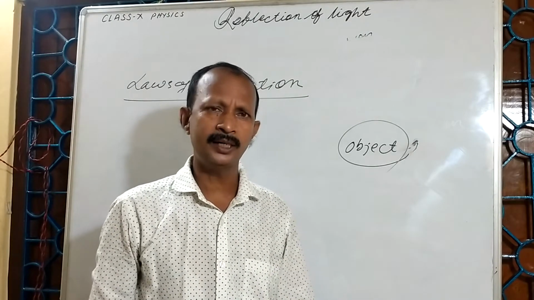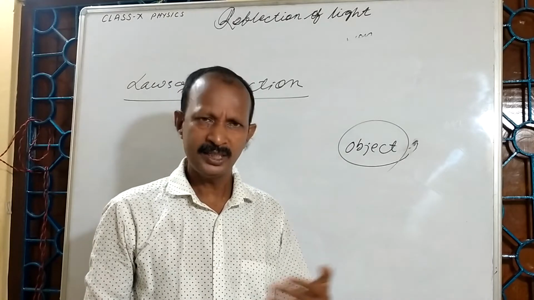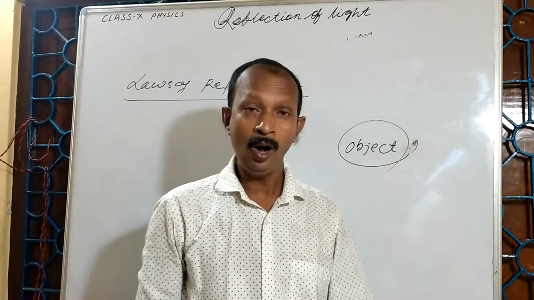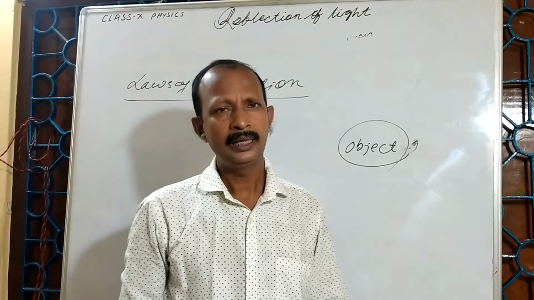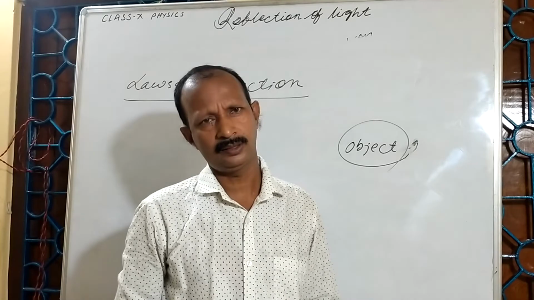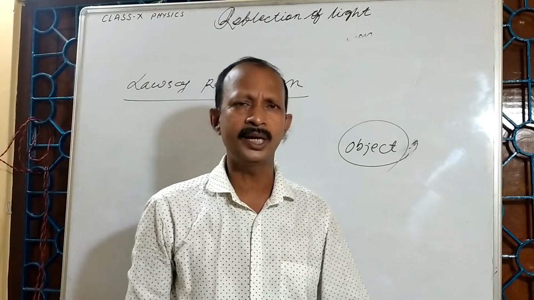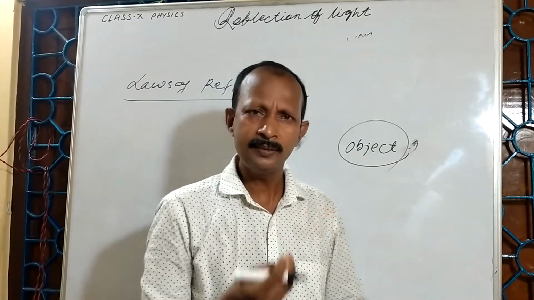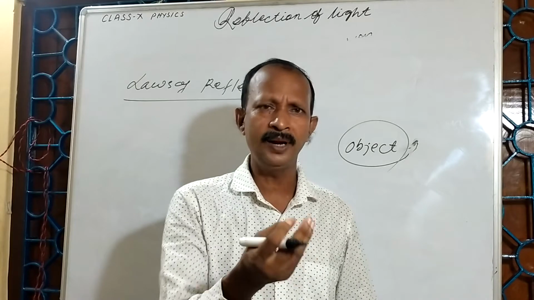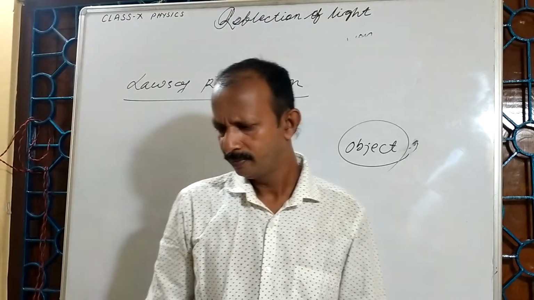Or we can say that from which light comes, it may be a source of light, or from which light after reflection comes. Both are the object. Simply I can say that anything that we can see, that is only object. Which gives the light we can see, or which reflects, we can see that. Okay.